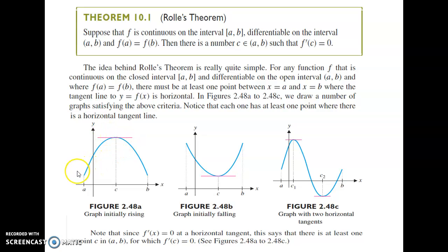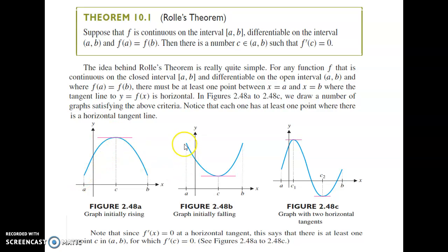Note this: the slope of the tangent line on the left side is increasing, positive; on the right side, decreasing, negative. But when it is neither increasing nor decreasing, the slope is always 0, meaning it is horizontal or parallel to the x-axis.